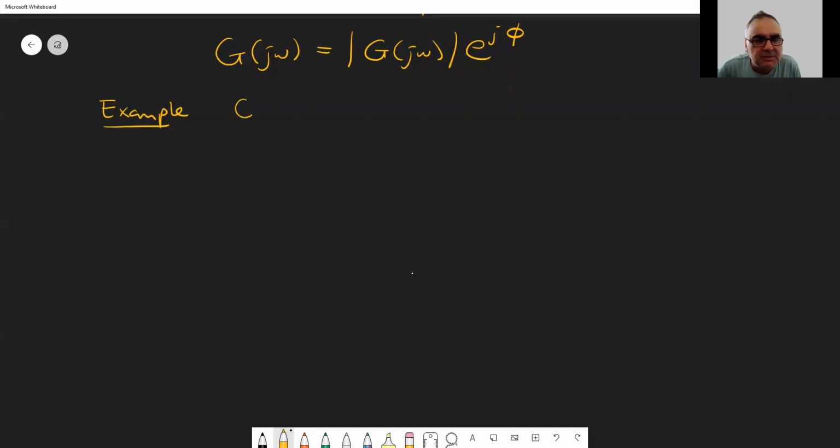Let's say that G of s is a simple transfer function like 5 over s plus 2, and u of t is 7 sine 3t. So u0 is 7, omega is 3.